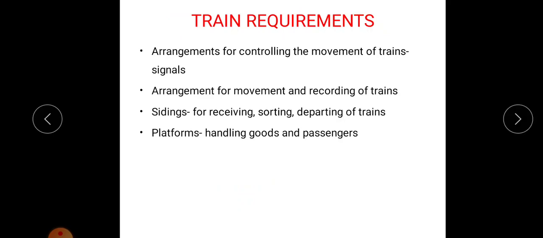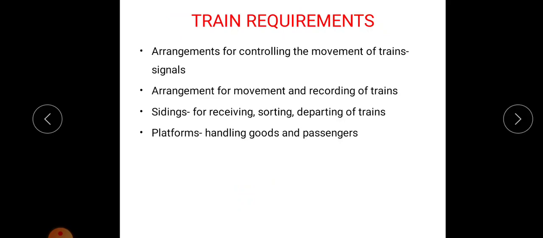And there should be a sufficient number of sidings to receive, sort, store and depart trains. Also sufficient sidings and platforms for handling goods. Goods traffic should be provided for.